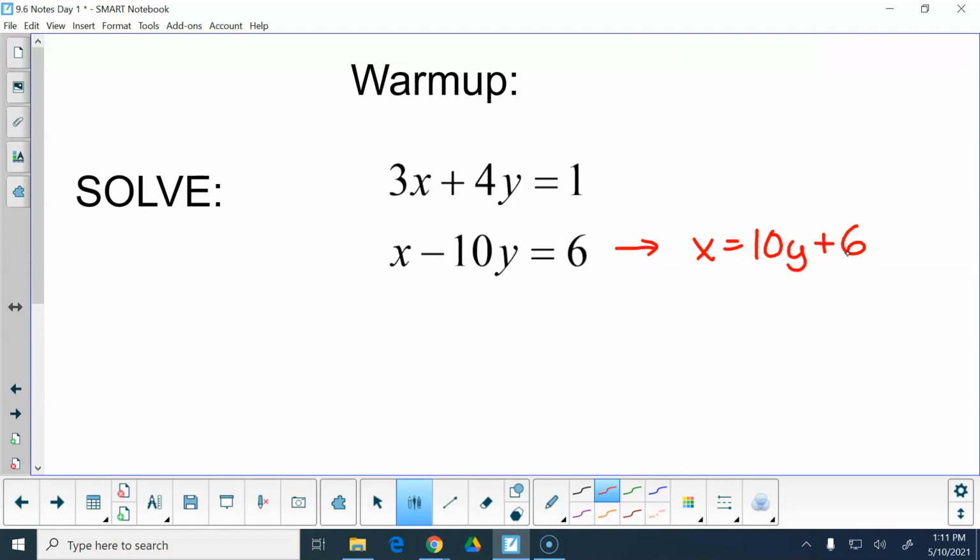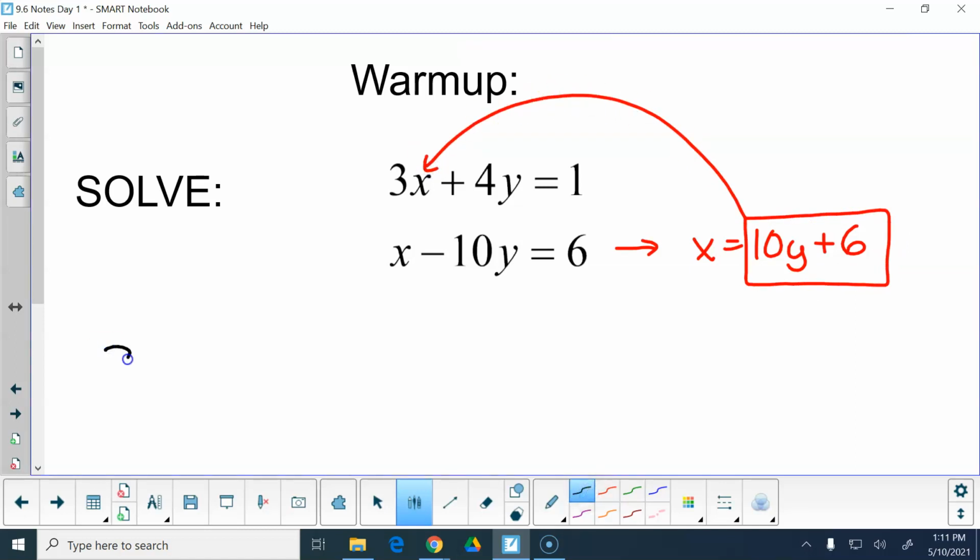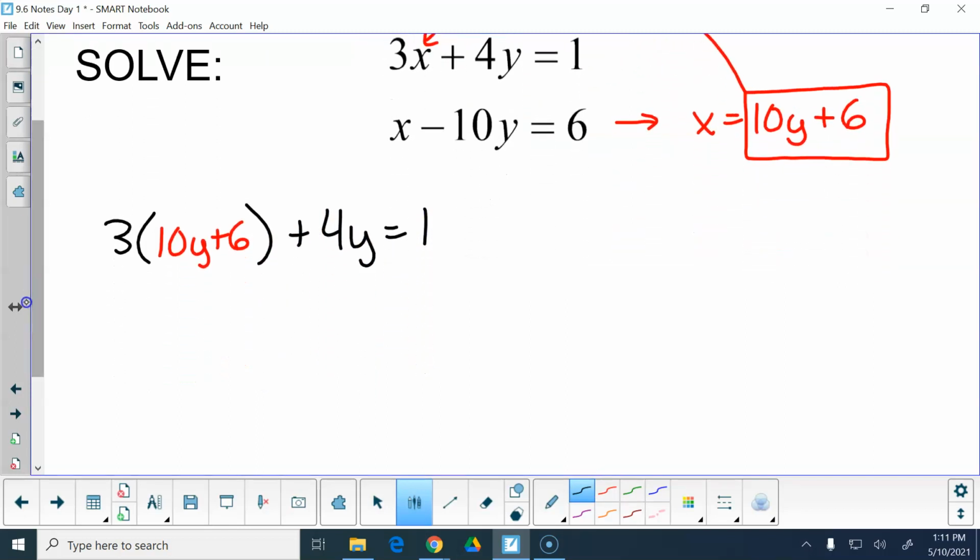Yes, and then I put 10y plus 6 in for x in the top equation and solve for y. Okay, so then you got 3 times 10y plus 6 plus 4y equals 1. And then solve for y.